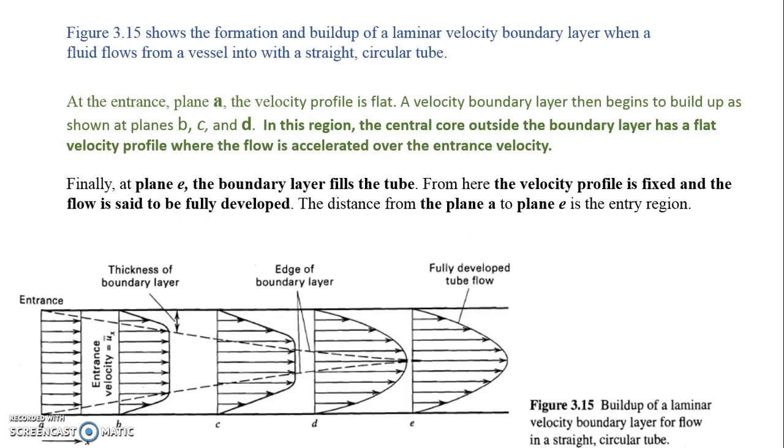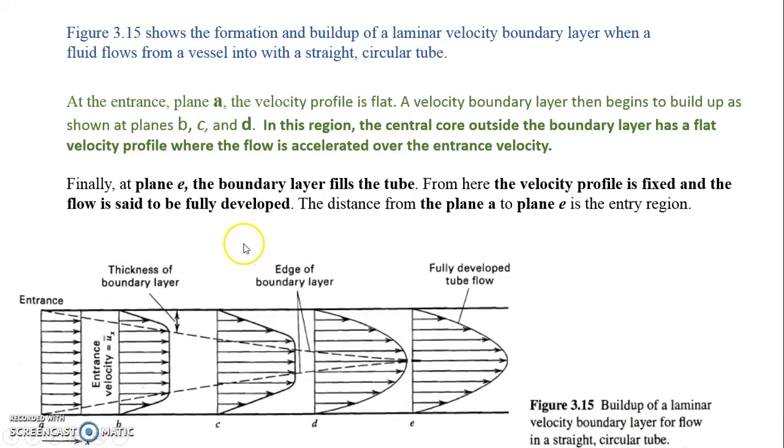Next, mass transfer in laminar flow, fully developed through a flow in a straight circular tube, we will discuss in this chapter. You can go through this example and this figure, Figure 3.15, which shows the buildup of a laminar velocity boundary layer for flow in a straight circular tube.